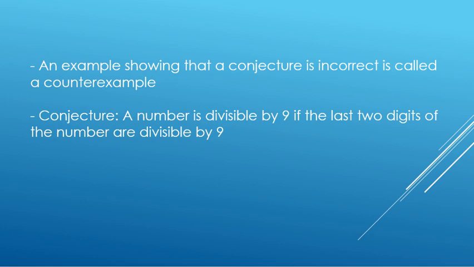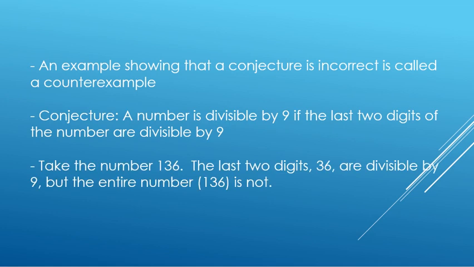Someone may ask you, is a number divisible by 9 if the last two digits of that number are divisible by 9? And you may just say yes. We are going to guess that a number is divisible by 9 if the last two digits of that number are divisible by 9.